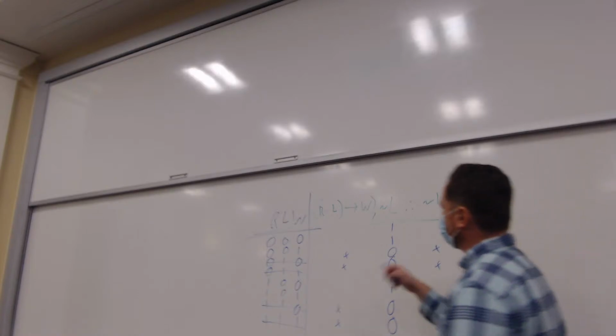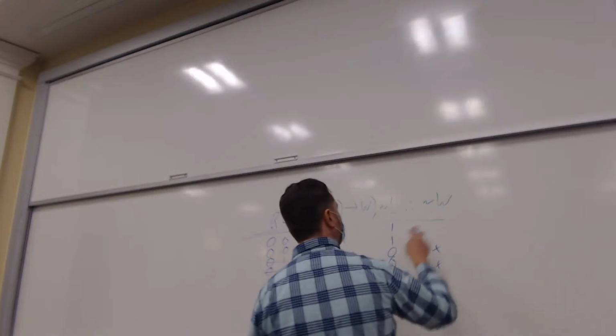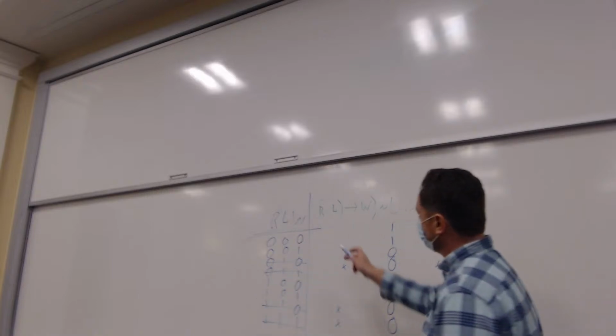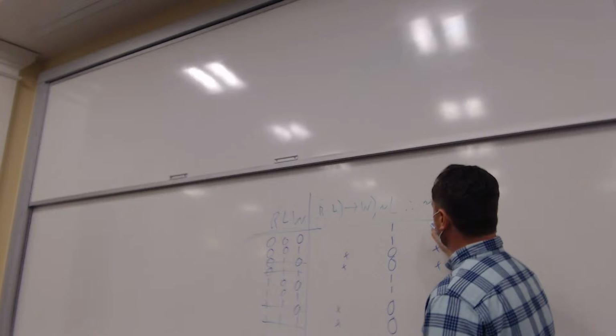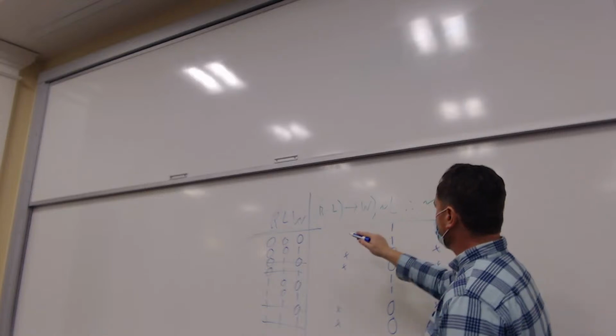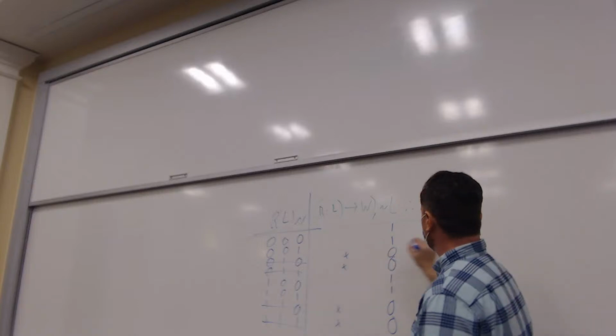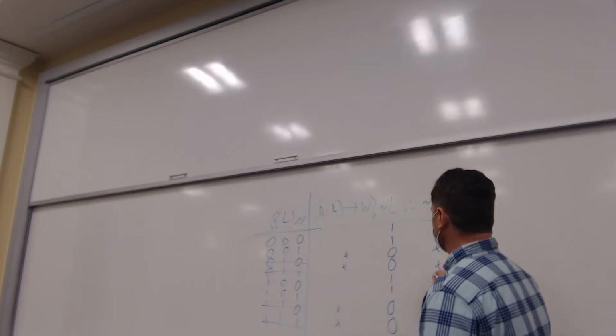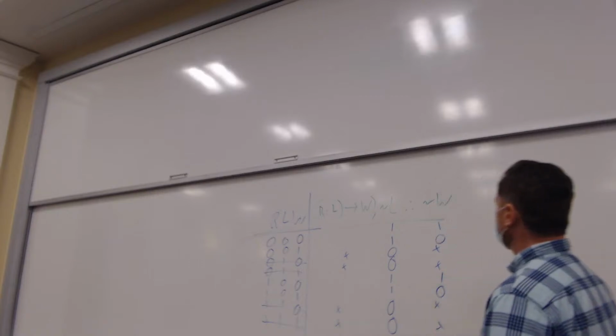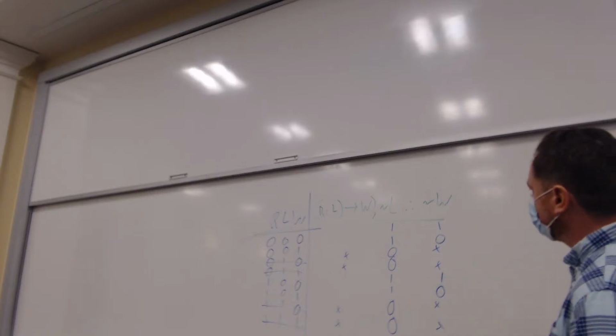But I still don't want to do all the rest of the work, so let me look at the conclusion, not W. Let's plug in all the values for the conclusion. When W is false, not W is true. When W is true, not W is false. All right, now we can eliminate two more.